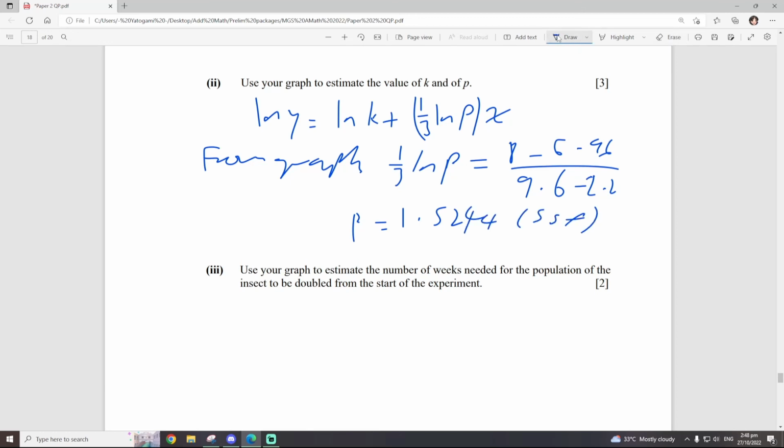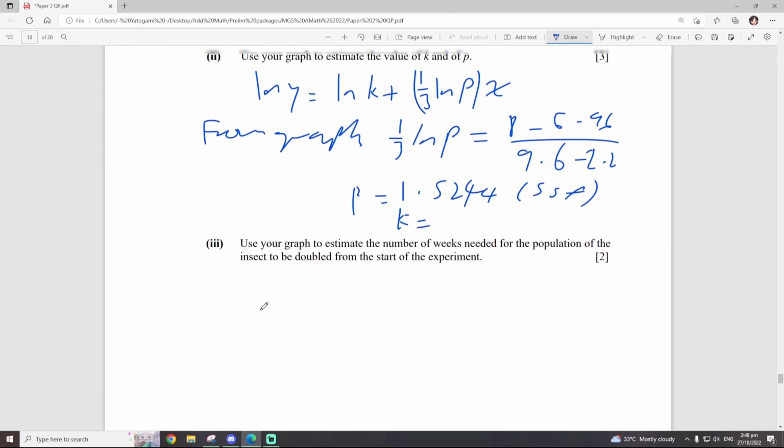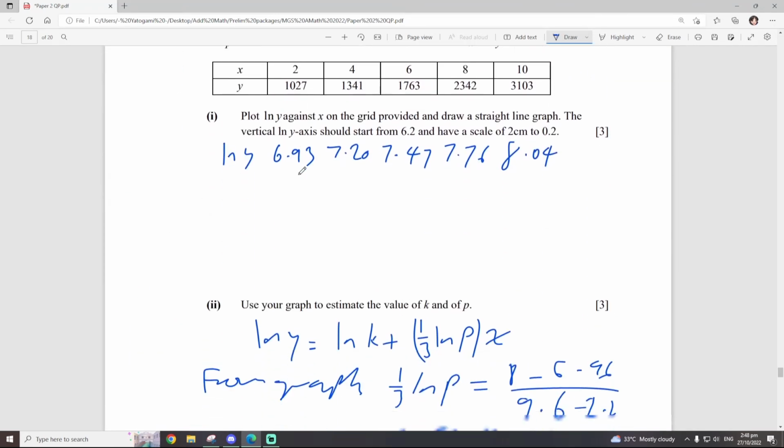And what is k? k depends on the value that you chose. So I'll use the fixed point of 2 and 6.93 for this.